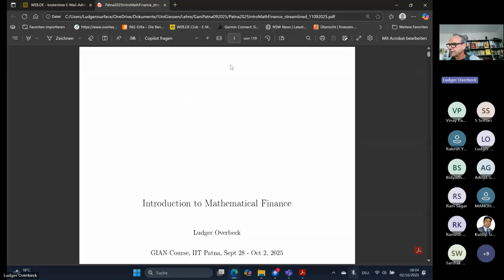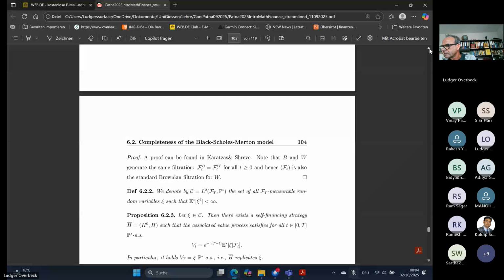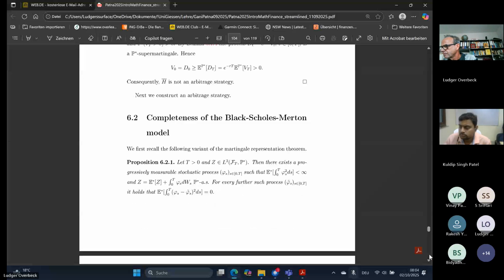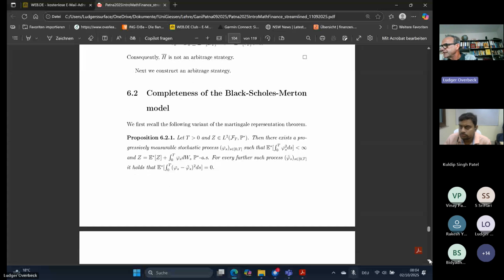So we had introduced the Black-Scholes model, more or less assuming that the asset price is the geometric Brownian motion.